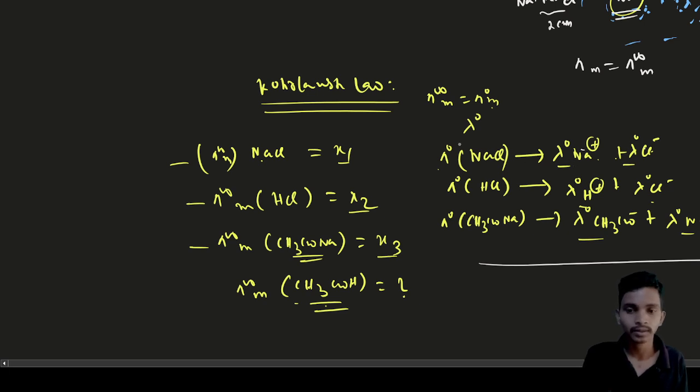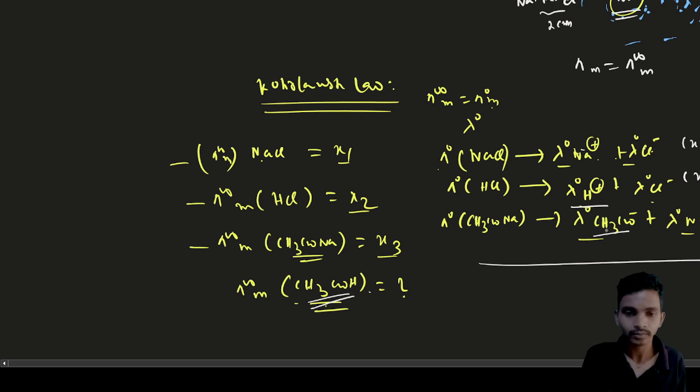So what I do is add these values, because I need this value. I will add this and this, then I get this value. This is x1, this is x2, this is x3.